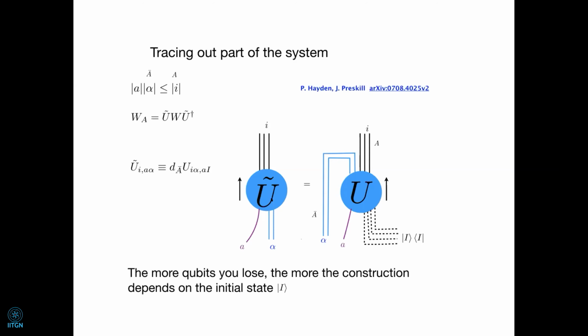But this construction, this U total, depends on U, of course. It also depends on the black hole initial state I. In fact, the more qubits you lose, the more the construction depends on the initial state. So you really need some fine-tuned knowledge about the system. You need to know the initial state in order to apply the operator.